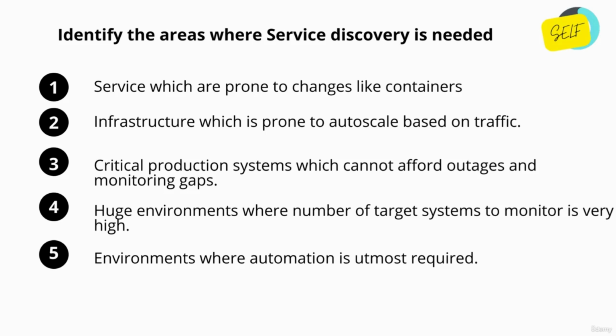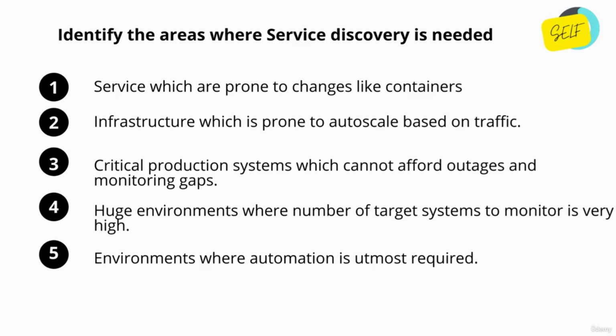So in those cases, we need service discovery, because we want to monitor your environment as soon as any event happens, or be notified as soon as your environment changes state. It makes sure that if any service is going down or any new service is coming up, your monitoring system is up to date about it.